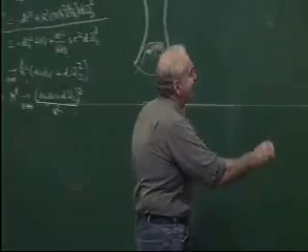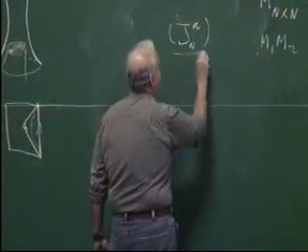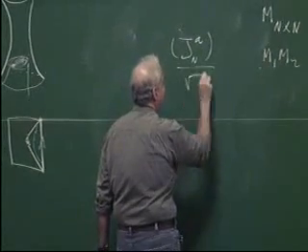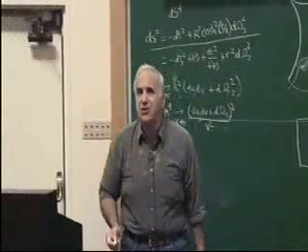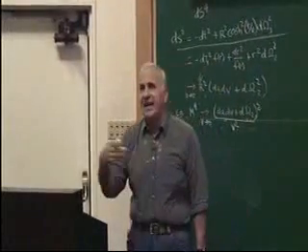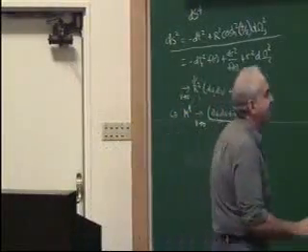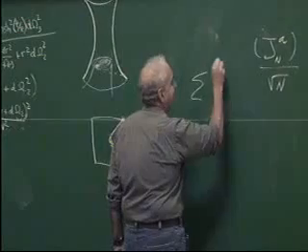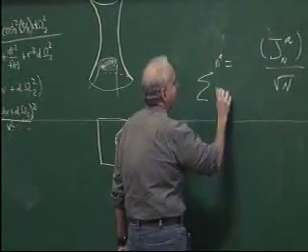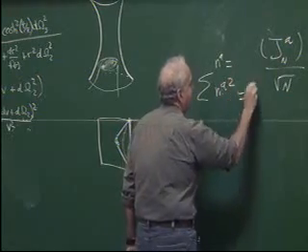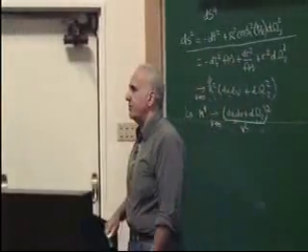Furthermore, if I take the n-dimensional generators of SU2, and divide them by square root of n, I get generators which, as n goes to infinity, commute with each other, and they square to 1. So let's call these things n^a. The sum of the n^a squared equals 1. And they commute in the n goes to infinity limit.